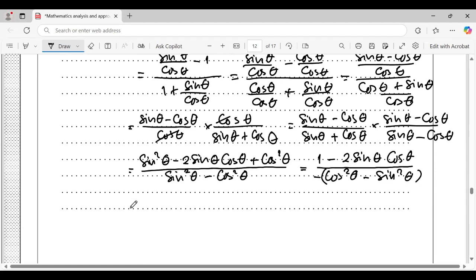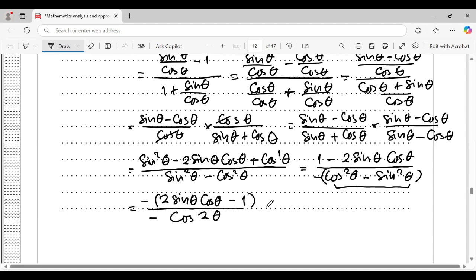It becomes minus 2 sine theta cosine theta minus 1 over minus this expression, which equals cosine 2 theta, so minus cosine 2 theta.